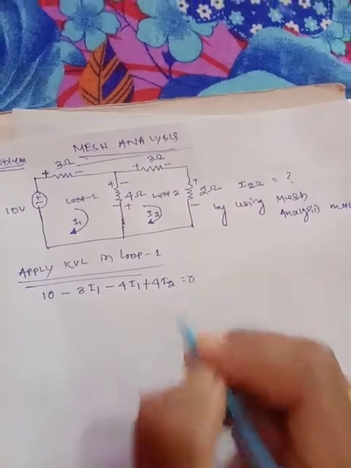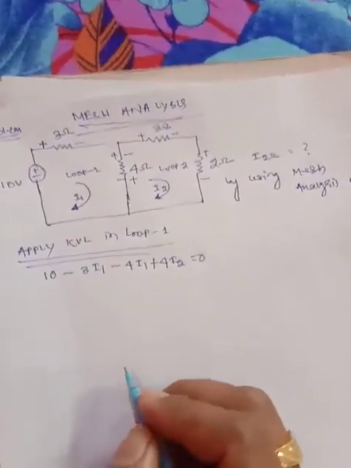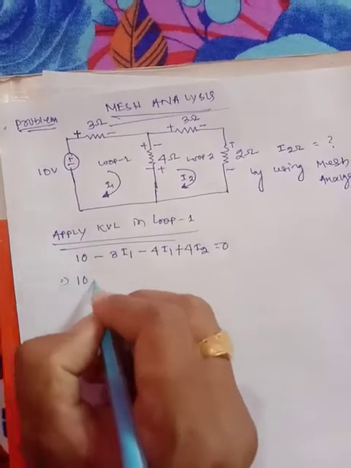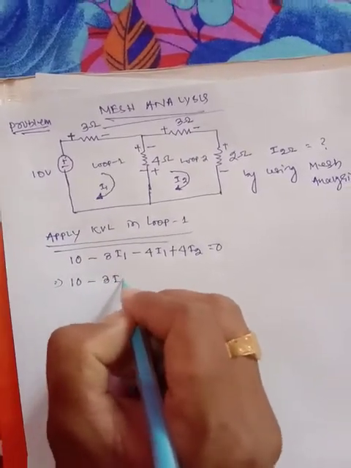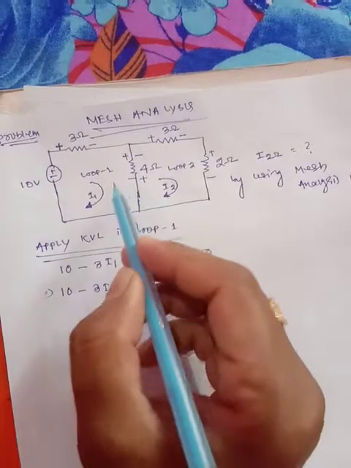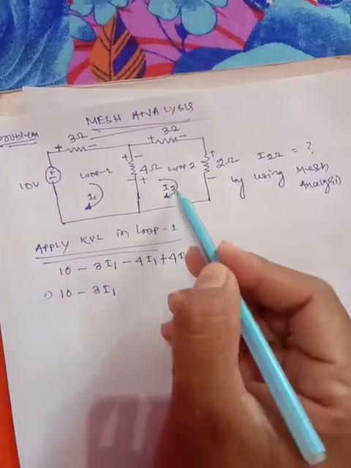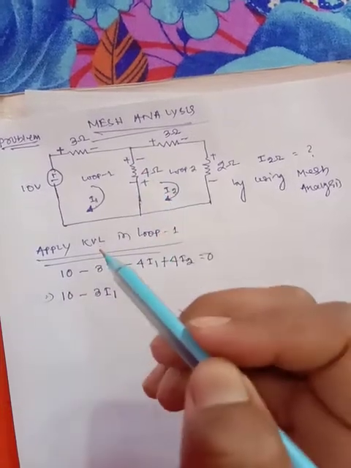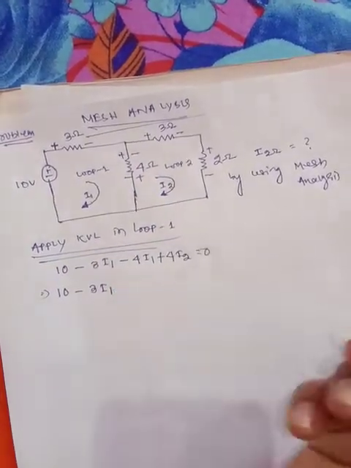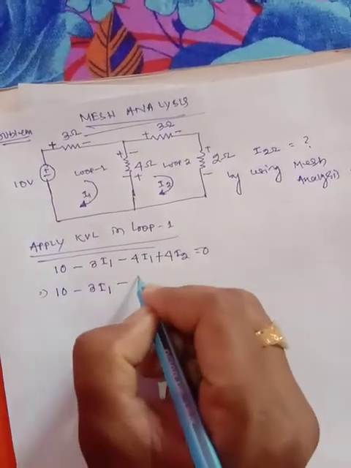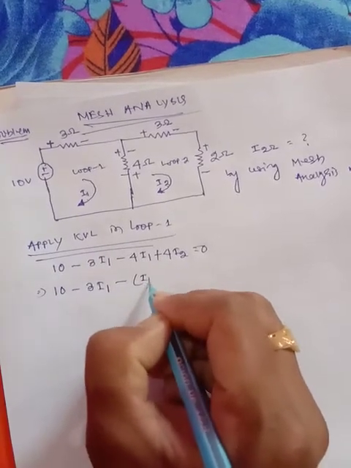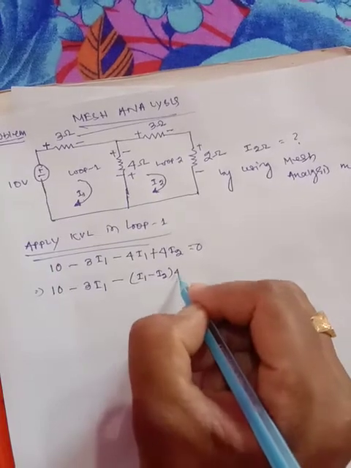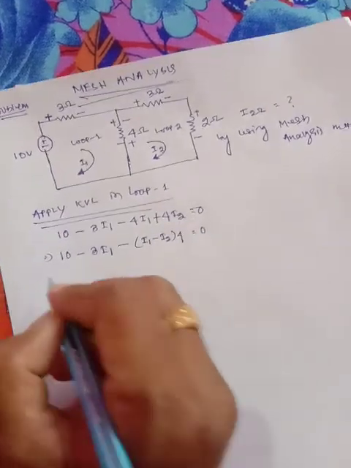We can write in another way. 10 minus 3I1, and since I1 current and I2 current flow through the 4 ohm resistor, I can easily write minus (I1 minus I2) into 4 equals 0.